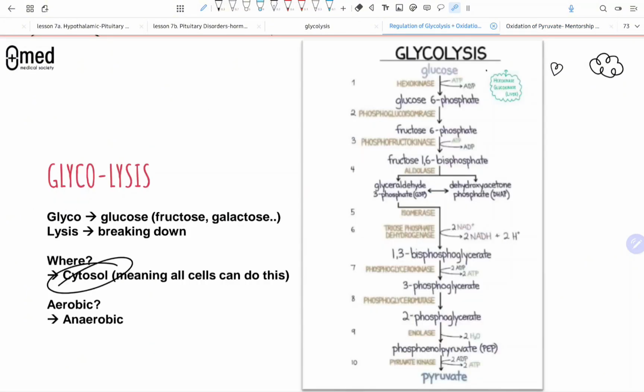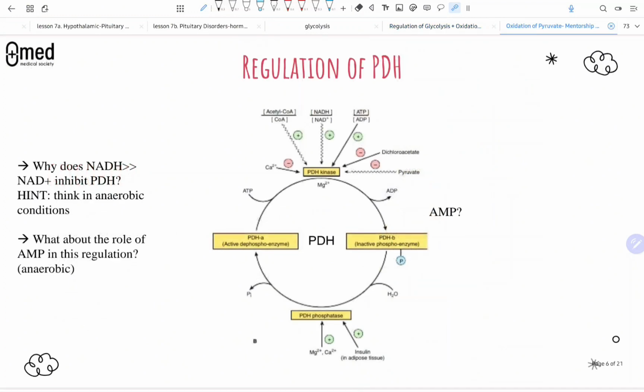I'll go back and I'll remind you. So basically, if you remember, in the sixth step of glycolysis, we need 2 NAD+, and these NAD+ are going to be reduced to NADH, okay? So when it's telling you that you have an increased NADH over NAD+, and the cell is dependent on glycolysis, then of course this is going to inhibit PDH, because NADH is not needed in glycolysis. What's needed is NAD+.